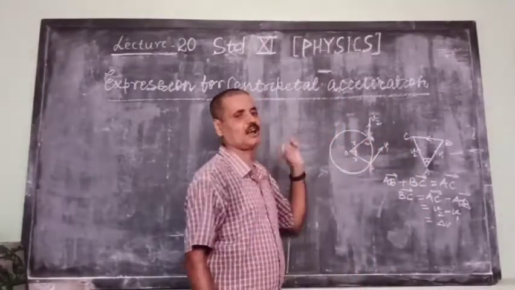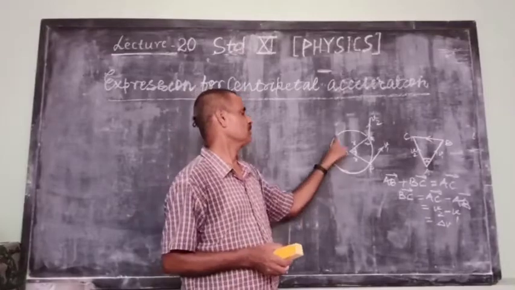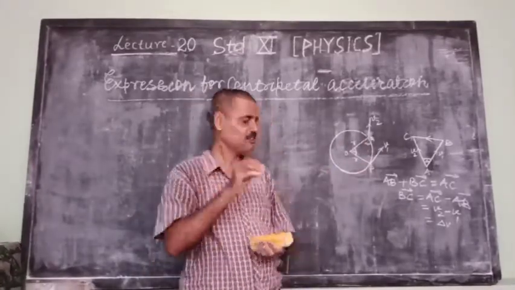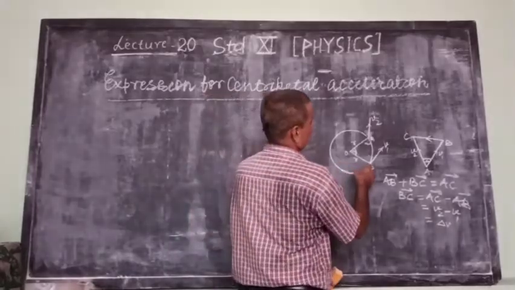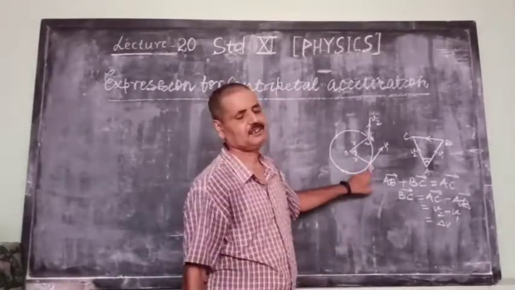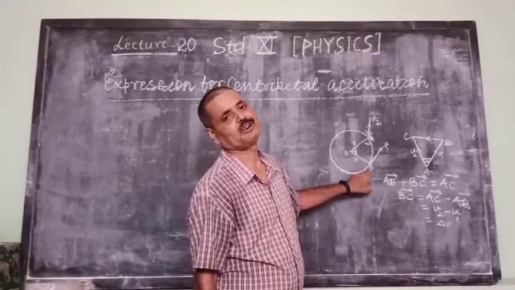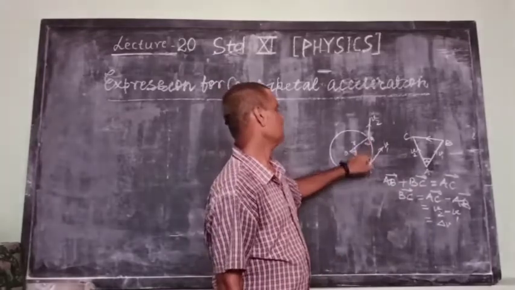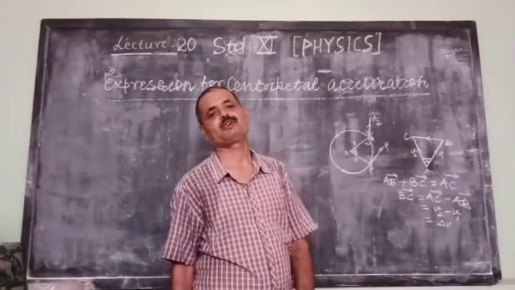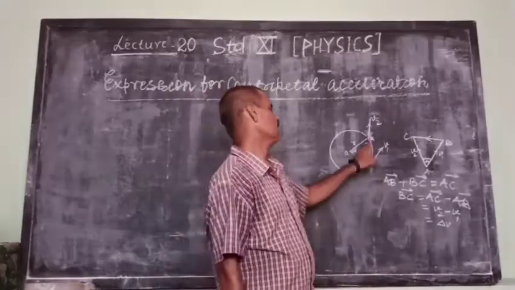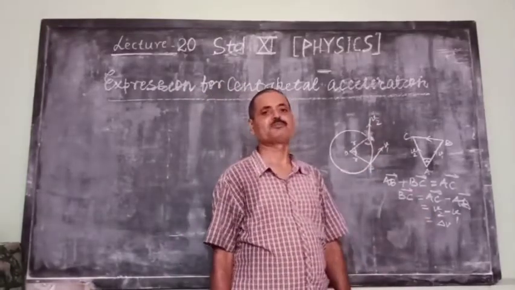So you should write, first of all, I am not going to write, only to understand it, let a particle be moving on the circular path. When it is at P, in time t its velocity is v1 and it reaches point Q after del t time and its velocity becomes v2.